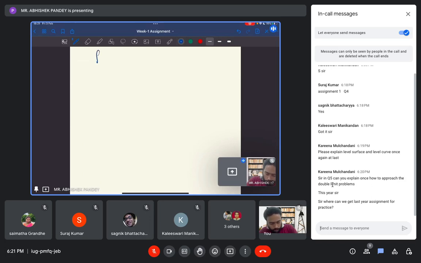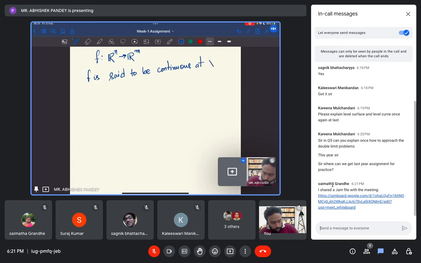Say you have a function f from R^n to R^m. f is said to be continuous at some point x = a if the limit as x tends to a of f(x) equals f(a). Okay, basic definition.